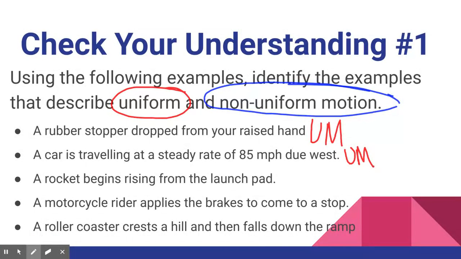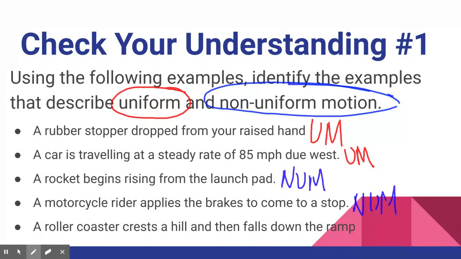Okay. So the third one, a rocket begins rising from a launch pad. We just did that one. This guy is going to be non-uniform motion, or NUM. A motorcycle rider applies the brakes to come to a stop. Again, this is going to be non-uniform motion.